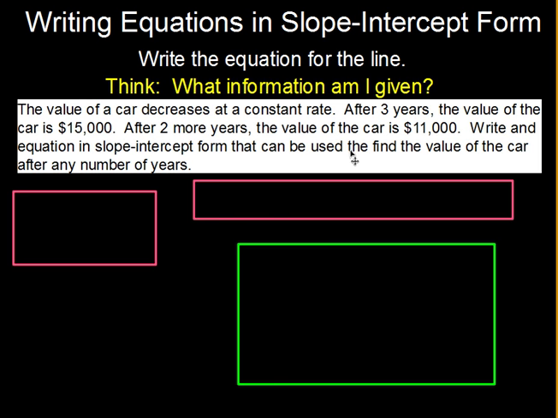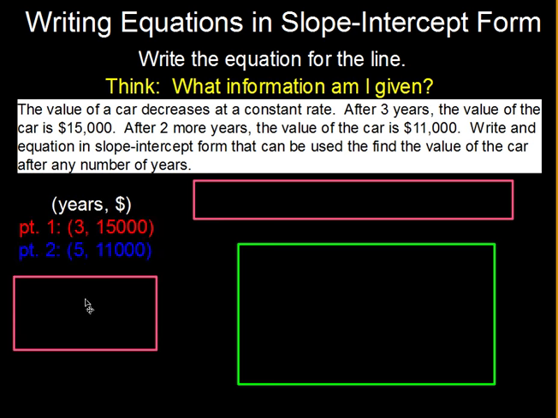What you'll notice here is that if we have 3 along with the 15,000, that represents 1 point. And then 2 more years, so that means 2 years after the 3, so 5 years, the value of the car is $11,000. So we have 2 points, where the money is dependent on the number of years.